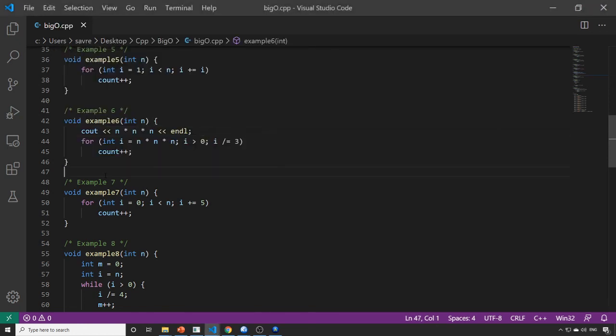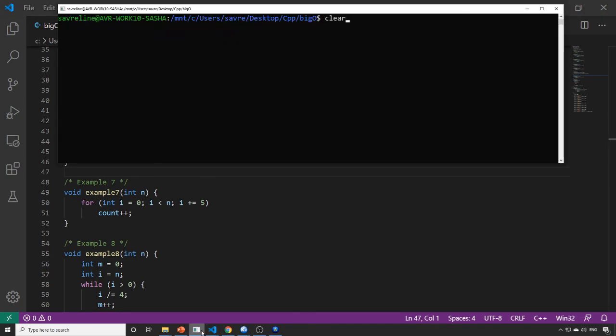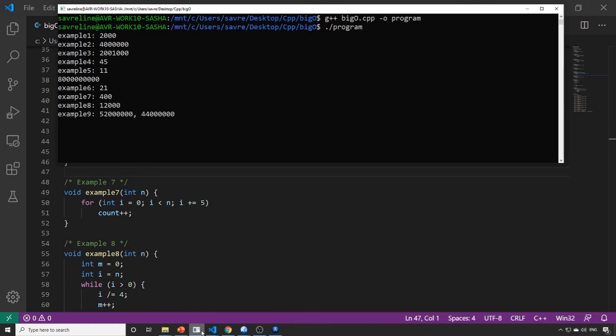The way you fix it is you change this to a long integer. You give the integer more memory, so you make an integer into 8 bytes instead of 4 bytes. Now we see that the number for example 6 does make sense, and the 2000 cubed is also printed properly, and everything is okay.